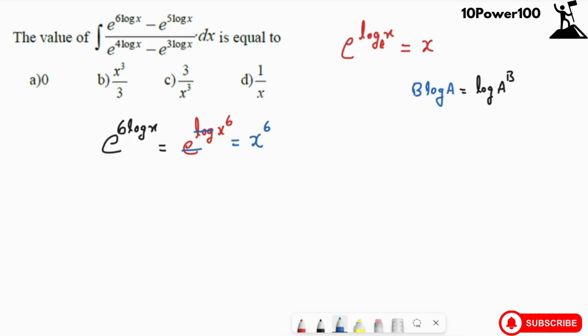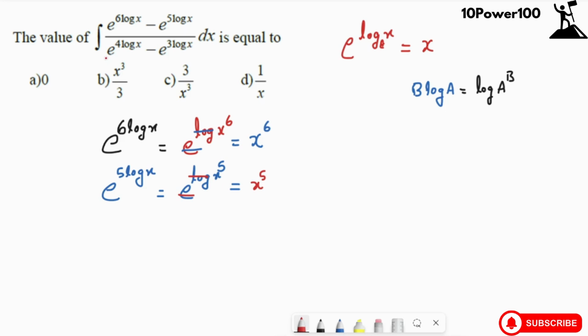So similarly, if I use the same property for e power 5 log x, first the second property we have to apply, e power log x power 5, and now we can cancel log and exponential. What do we get? x power 5.